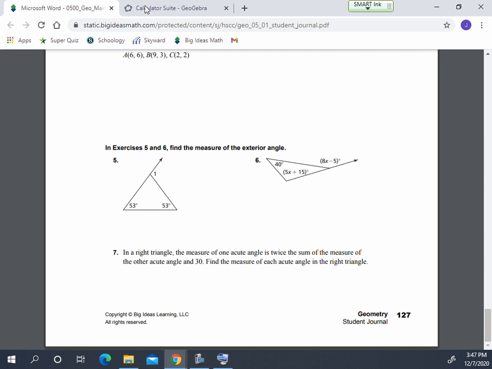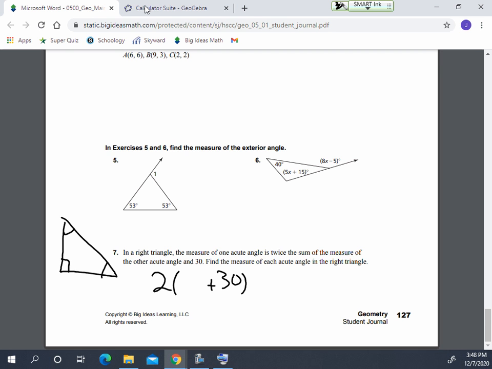Last problem, we have a right triangle and the measure of one acute angle. Okay, so hold on, let's draw this up. We have a right triangle. The measure of one acute angle, so let's say this one, is twice the sum of the measure of the other acute angle, so it's this one, and 30.